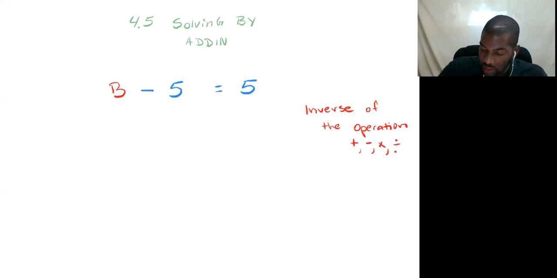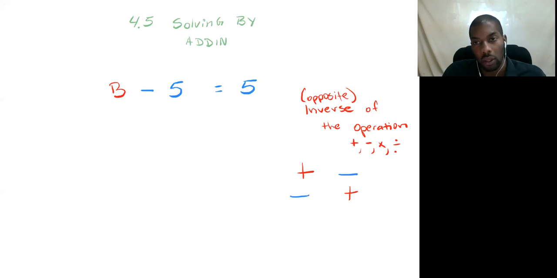Well, the inverse is simply the opposite. So for example, if you have addition, the inverse is subtraction. If you have subtraction, the opposite is addition. If I have multiplication, the inverse is division. And if I had division, the inverse or the opposite is multiplication. Very simple. It's kind of intuitive. You already know these things, right?